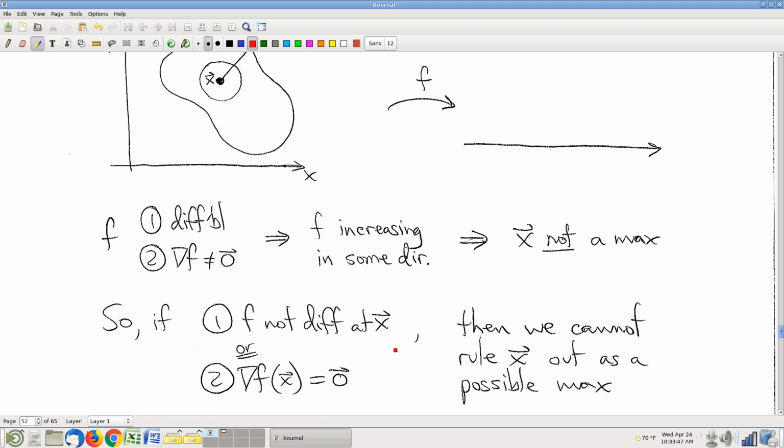So any point where this argument fails, any point where the function is not differentiable, any point where the gradient is not non-zero, that is, is zero, any point where either of these things happens, then our argument fails. We can't rule it out. We have to admit that we don't understand what's going on there. It might be a max. As far as we know, who knows? And we call it a critical point.